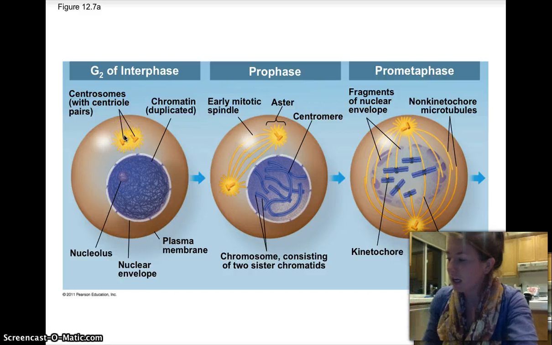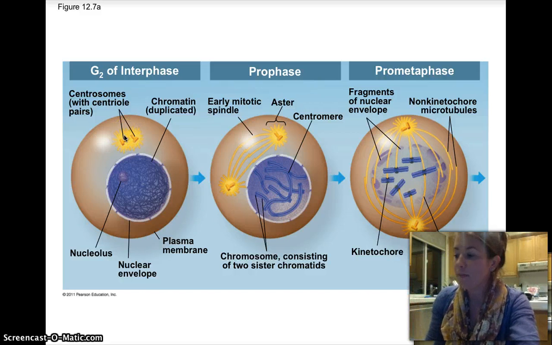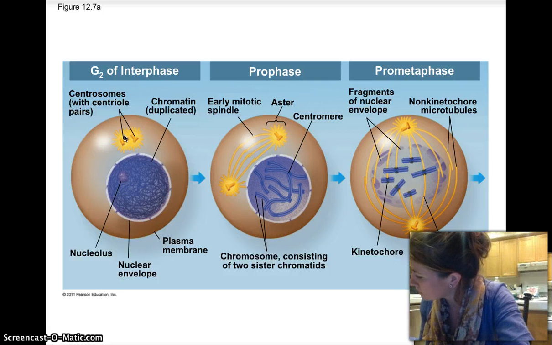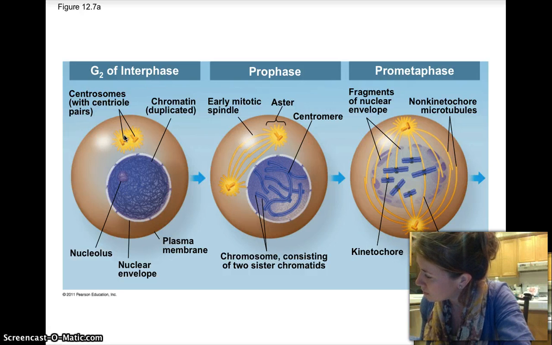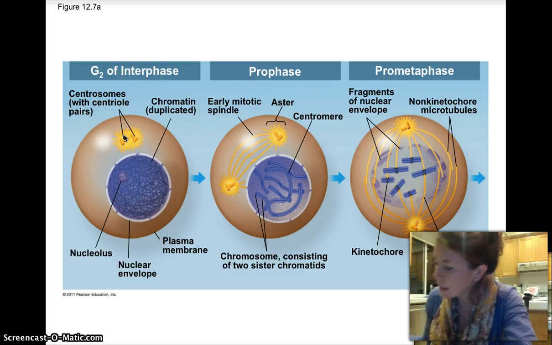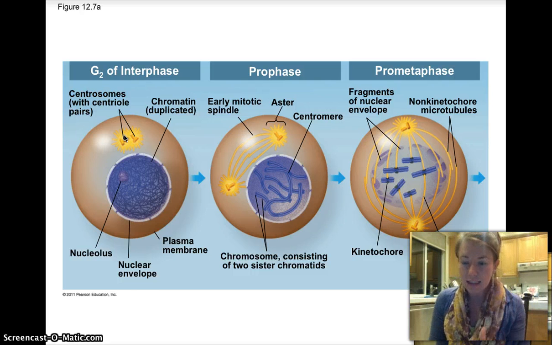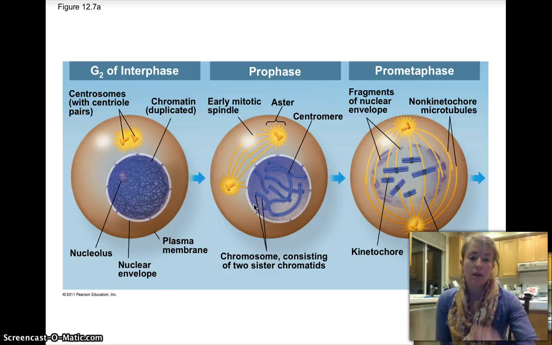Centrioles are microtubule organizing centers. We're going to use microtubules, which are a part of the cytoskeleton, a lot for cell division. It's very, very important. This whole thing is the centrosome, and these little guys are the centrioles.